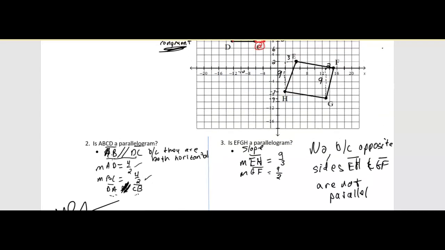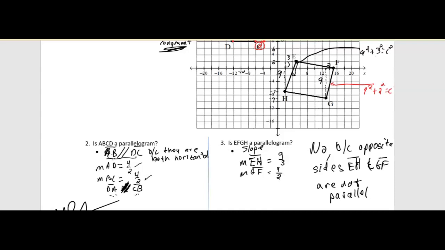If we had to go down and find our distance, think about what would have happened. We've just formed right triangles here, right? So to figure out this length here, I would have done 9 squared plus 3 squared equals c squared. But to figure out this length here, I would have done 9 squared plus 2 squared equals c squared.